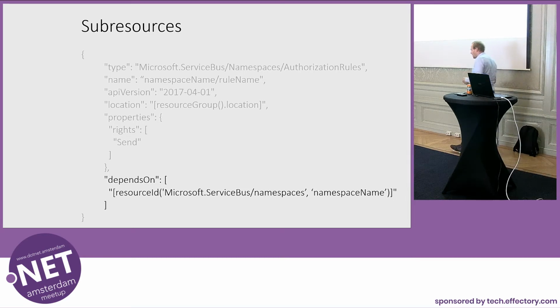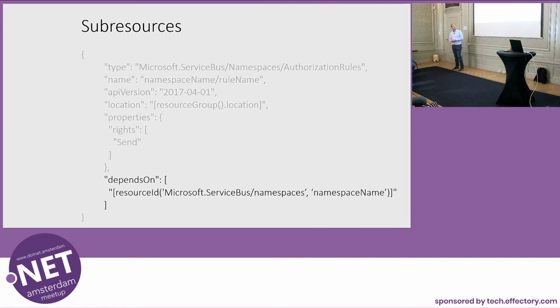Now you think that Azure can deduce this on its own. Actually it can, because when you don't add it, it's going to complain and say that you have to add this. But you have to make them explicit yourself. You're not restricted to containing your resources. You can also depend on something else if you want to ensure some kind of ordering.